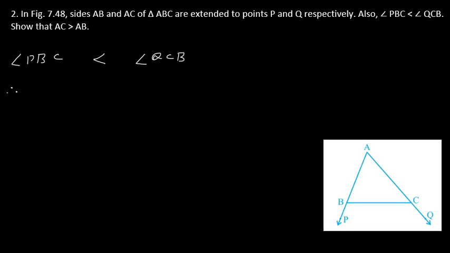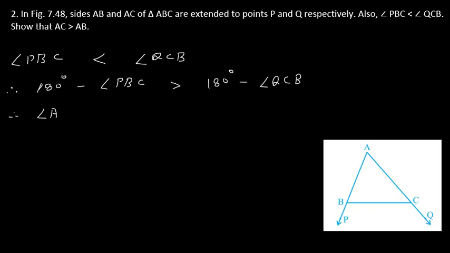So here if I say 180 degrees minus angle PBC, this inequality will change to greater than 180 degrees minus angle QCB. Therefore 180 degrees minus PBC, you can find that it is angle ABC.